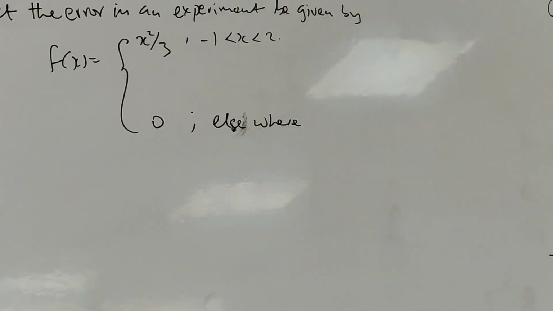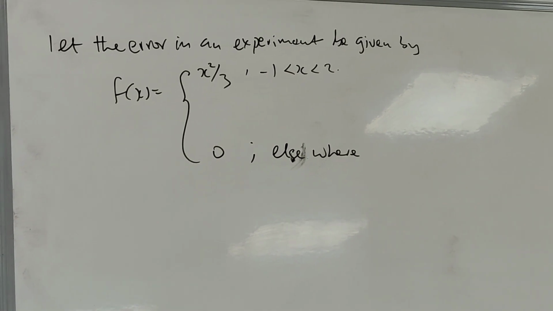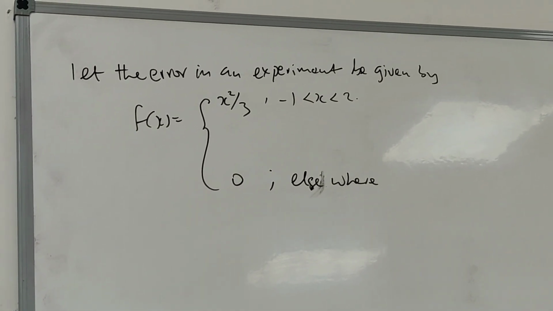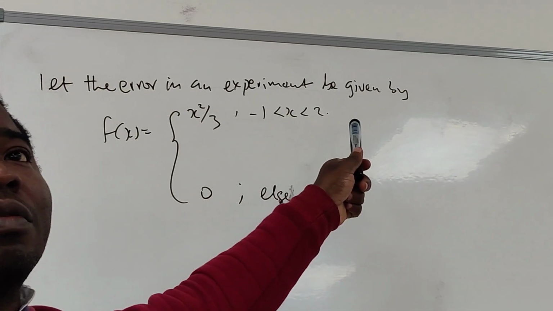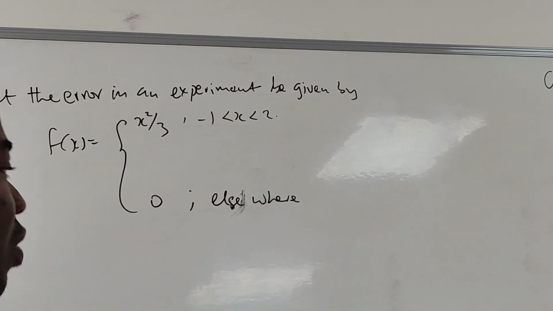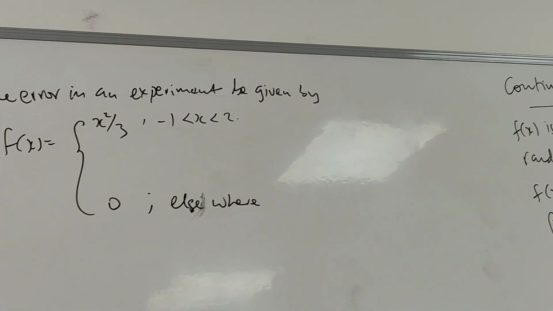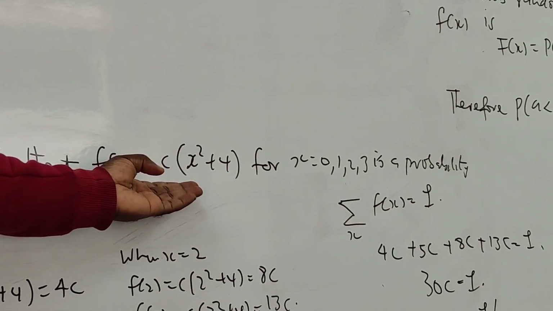So when you see probability function of this form, you know it is a continuous random variable because we are having this interval minus 1 less than x, x less than 2. So it's a continuous random variable, which is quite different to this discrete random variable. There is no interval involved in this, okay?